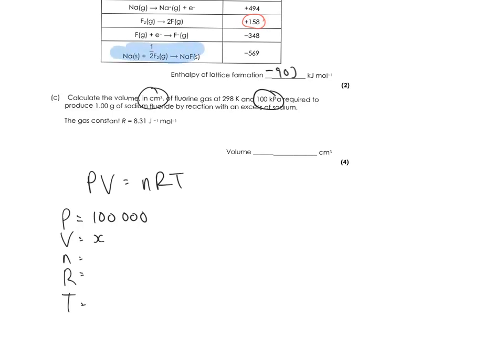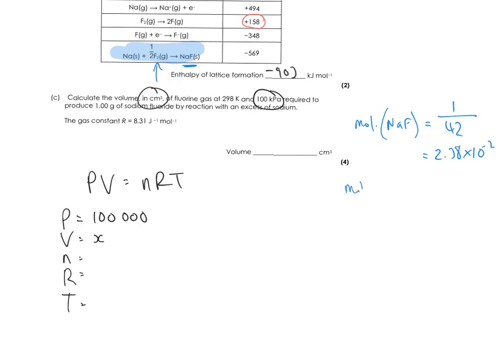So we can work out number of moles of the sodium fluoride, and therefore work out moles of fluorine that would be needed. So moles of the sodium fluoride equals 1 divided by the Mr of sodium fluoride, which is 42, and that will equal 2.38 times 10 to the minus 2.